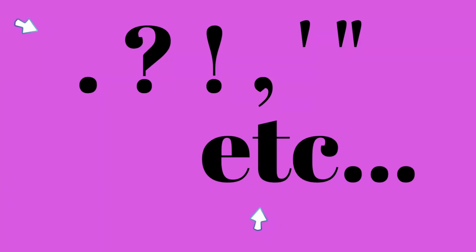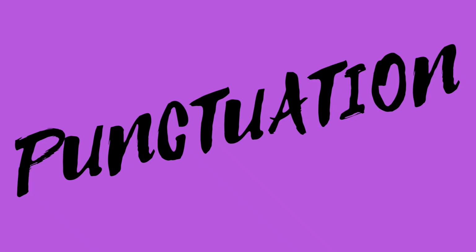But if we are talking about all of them together, full stop, question mark, exclamation mark, comma, apostrophe, inverted comma, double inverted comma, etc., at that time we will be calling it punctuation together. Further in the topic, I will refer to each of these punctuations as punctuation marks.